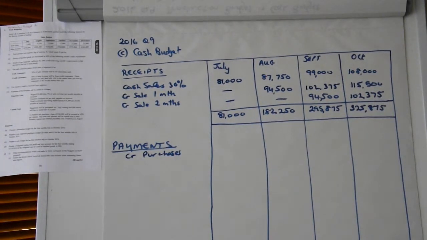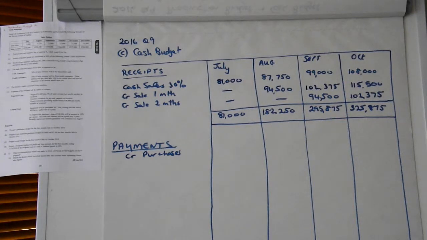So the next piece then are the payments, and the first item there will be purchases. And in this question there's just 1 month's credit for all purchases. Sometimes that's split into 1 month and 2 month lines of credit, so just double check your question.